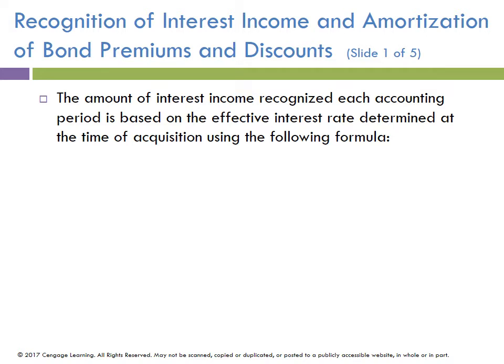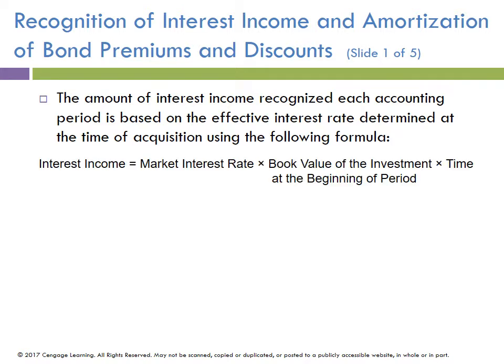So the amount of interest income recognized is based on the effective interest rate, the market interest rate, determined at the time of acquisition. How much you report as interest revenue or income, just like before. We take the market interest rate times the carrying or book value of the investment times time. That tells us how much we will credit interest income for.